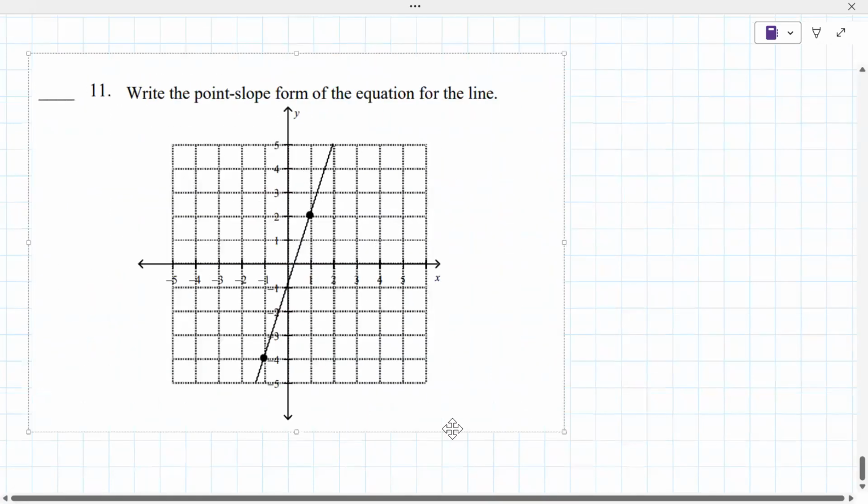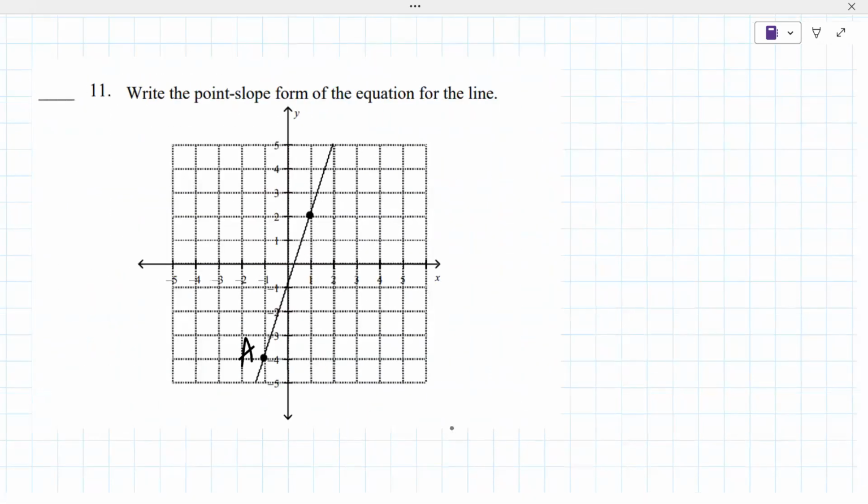All right, so I want you to write the point slope form of the equation of the line through point A and then through point B. Oh yeah, y minus 2 equals 3 parentheses x minus 1. Which point is that for? B. Okay. You got the slope there, that looks good. Okay, how about through A?